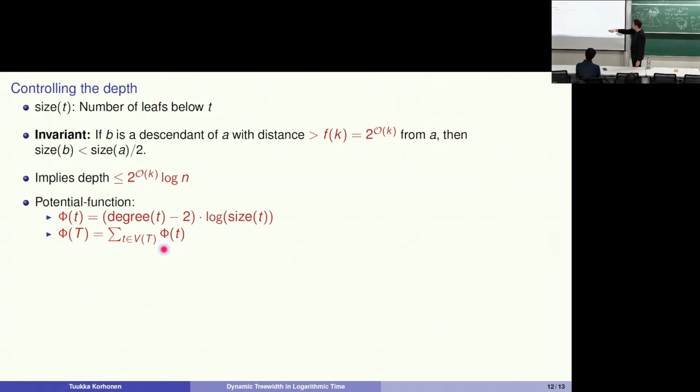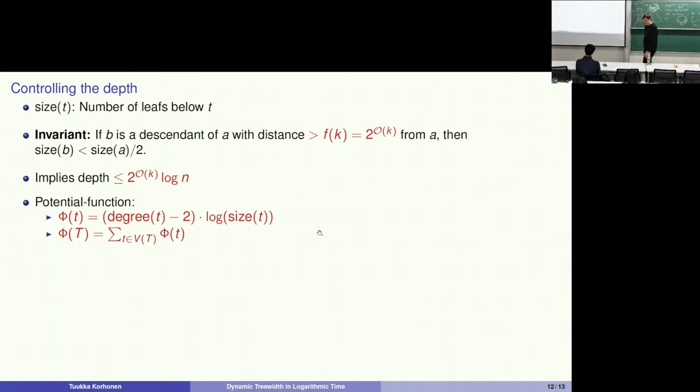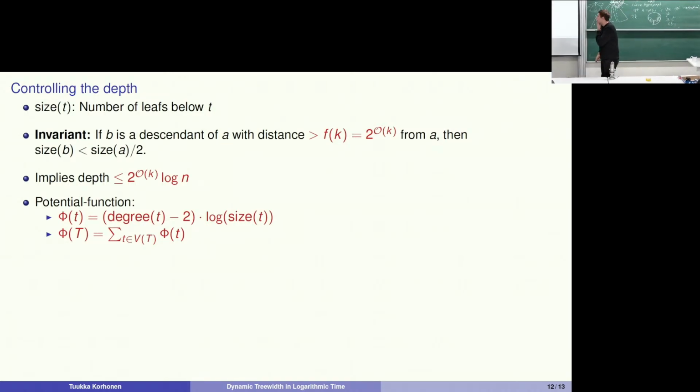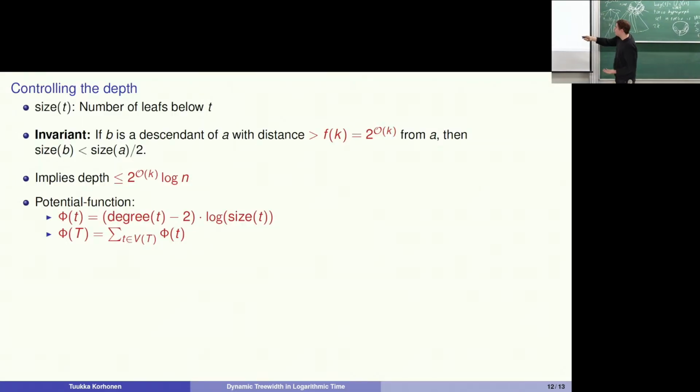The potential of the whole tree is the sum of the potentials of the nodes. It is really important that this is exactly degree of t minus 2; it wouldn't work for any other number than minus 2. If you've seen splay trees, this is basically a generalization of the potential function of splay trees to trees with more than 2 children.